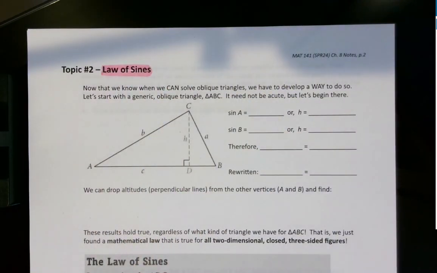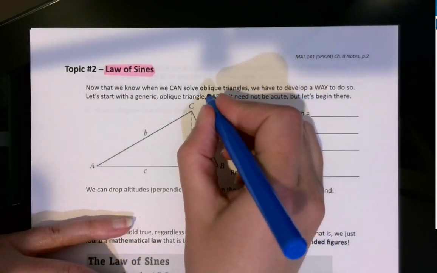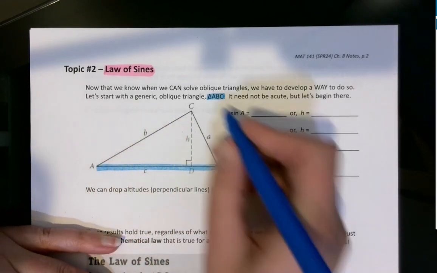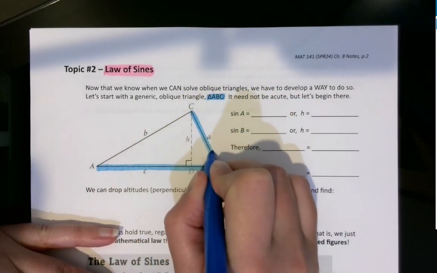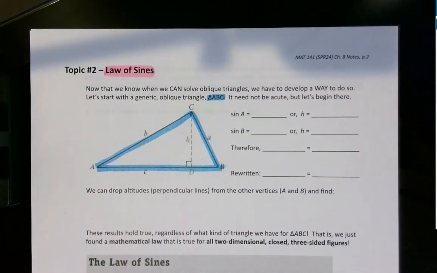Now that we know that we can solve oblique triangles, we need to develop a way to do so. So we're going to start with this generic oblique triangle, triangle ABC, and you can see that we have A, B, C, forming this triangle here. So it's definitely an oblique triangle. It need not be an acute triangle.